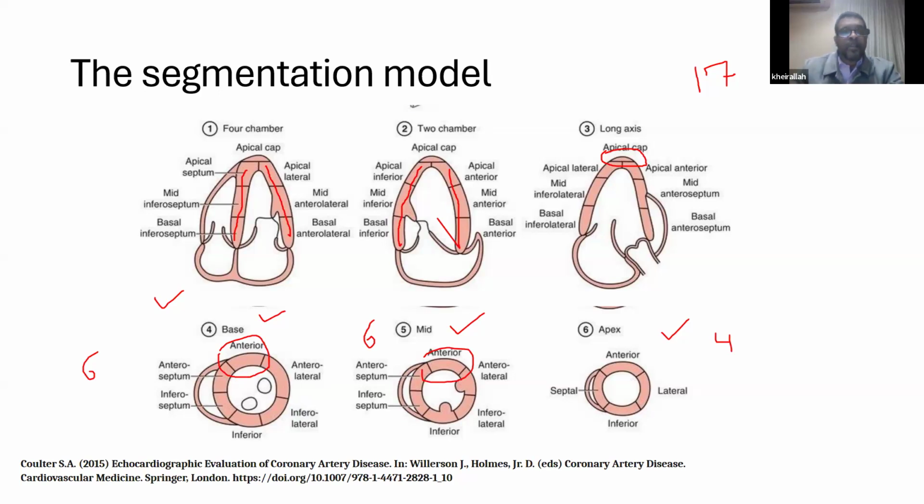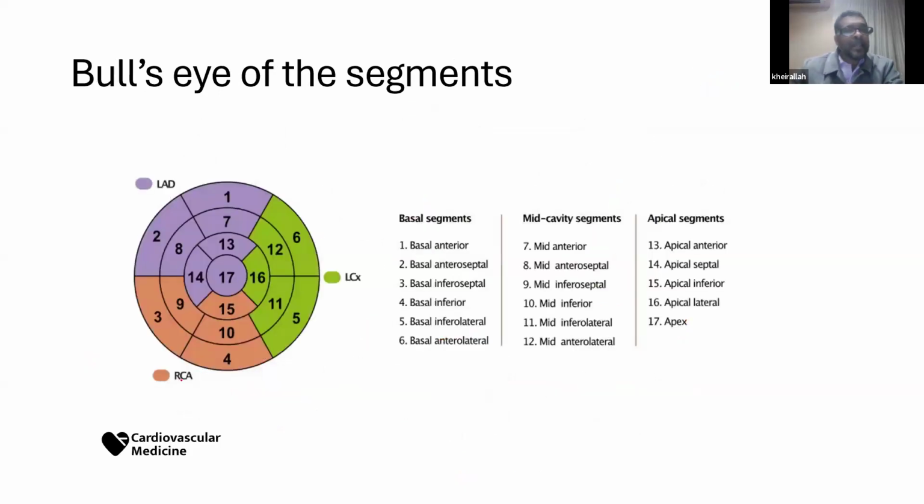Okay, this is important because, like we said, it corresponds to the coronary artery distribution. This is called the bull's eye. Again, these are the 17 segments. The segments here, the green colored segments, are supplied by the circumflex. These are supplied by the RCA, and these are supplied by the LAD.